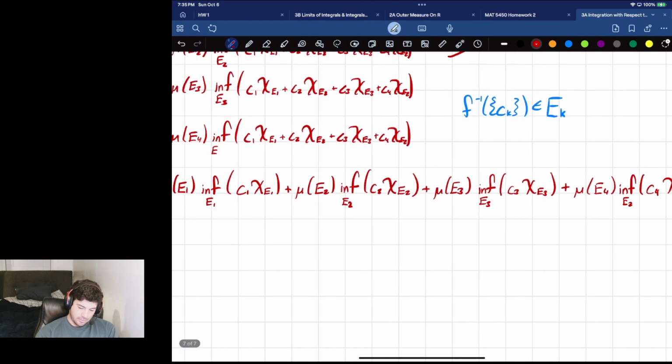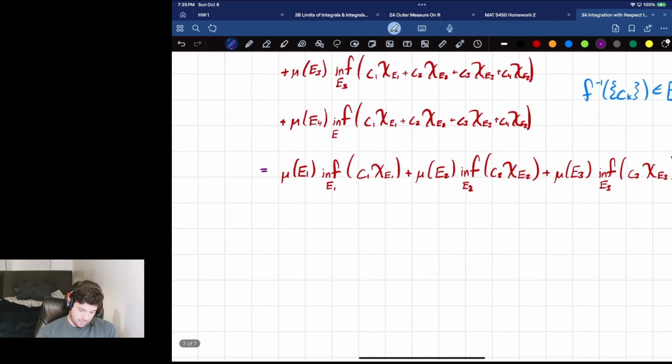E4, and then this becomes the measure of E1, and so taking the infimum of this function, this function is just a constant function over E1, right? So we're in E1, so it has to equal C1. So this is just equal to C1.